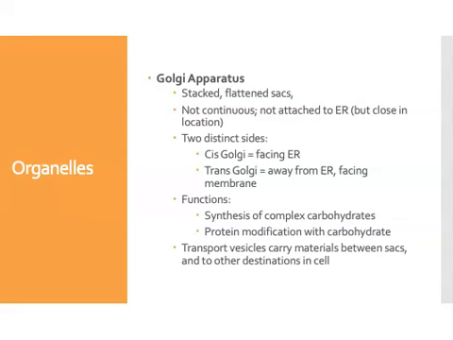The transport vesicle basically buds off of the surface of the flattened sac of membrane, and then it travels over to the next sac and it merges in with the membrane there, releasing the contents into that sac. Once material has passed all the way through the Golgi apparatus, it's also packaged into transport vesicles so it can be sent to its final destination in the cell.